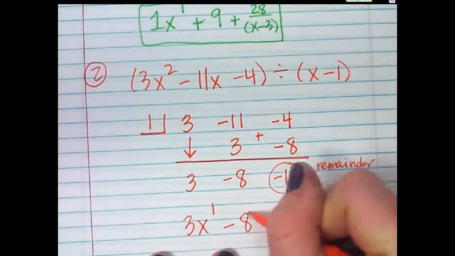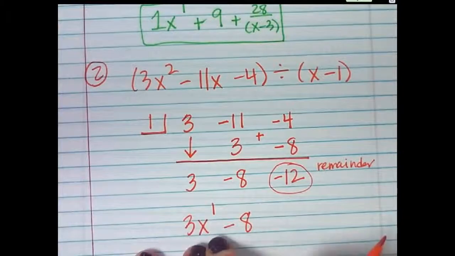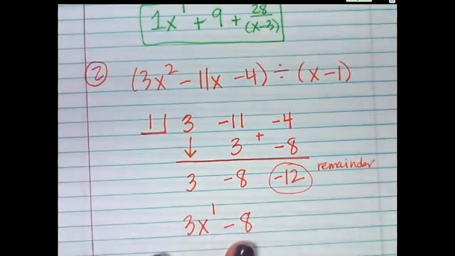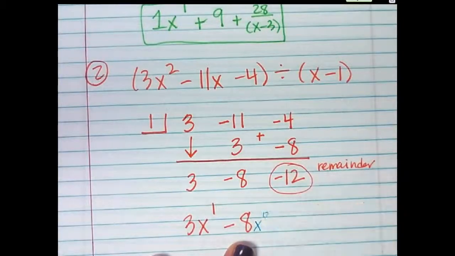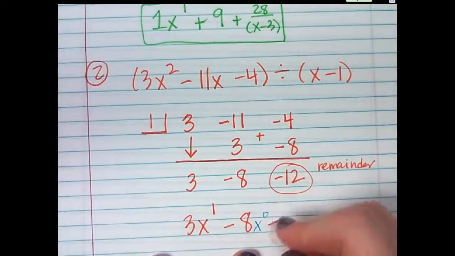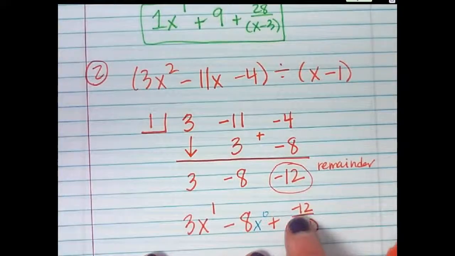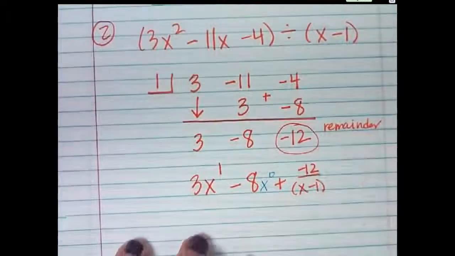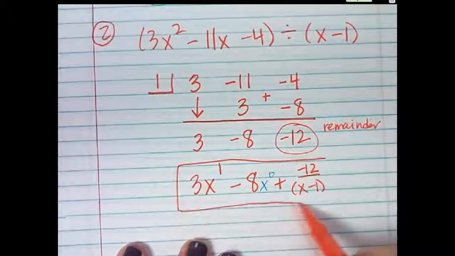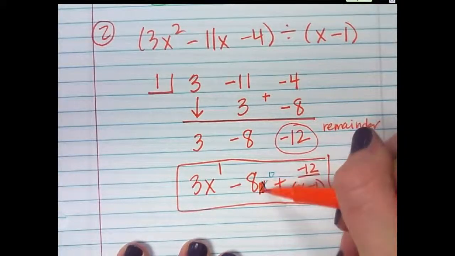Minus 8. So if I go x to the first, this is really 8x to the 0, but of course we don't ever write that. And then my remainder. You can do plus negative 12 over x minus 1, or if some of you want to put that negative here, I would take either one. And you don't have to put that.